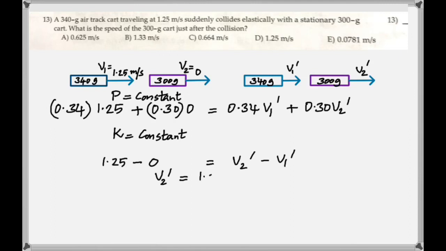Now that gives us another equation, and therefore now you can substitute this into this equation for V2 prime, so we eliminate V2 prime and we will have an equation only in V1 prime, and we can solve that. So that's what I'm doing now.